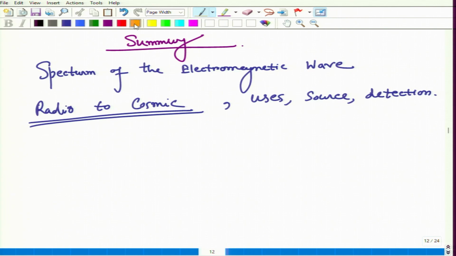Let me end this course by drawing again for the last time the electromagnetic waves.